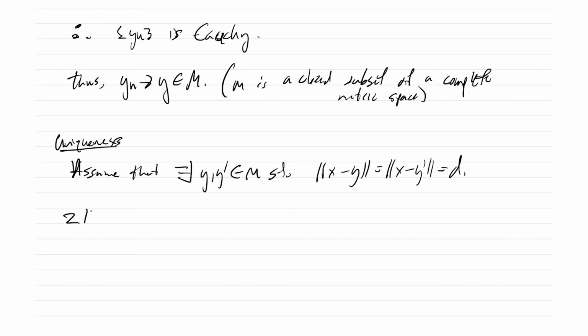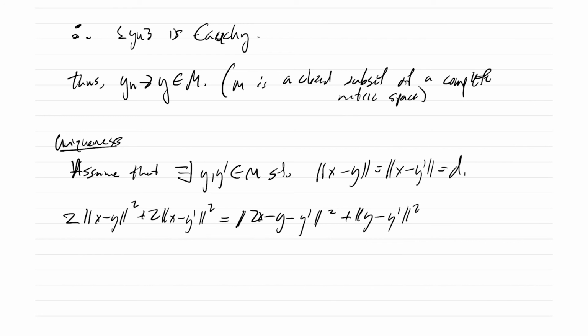So we have 2 times the norm of x minus y squared plus 2 times the norm of x minus y prime squared, so the sides of the parallelogram, is equal to 2 times the norm of 2x minus y minus y prime squared plus the norm of y minus y prime squared. So same setup as before.